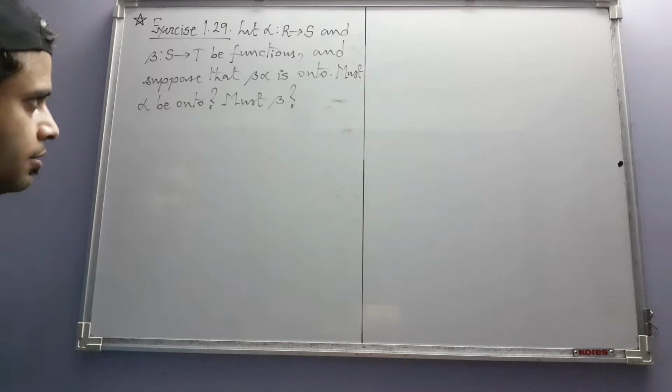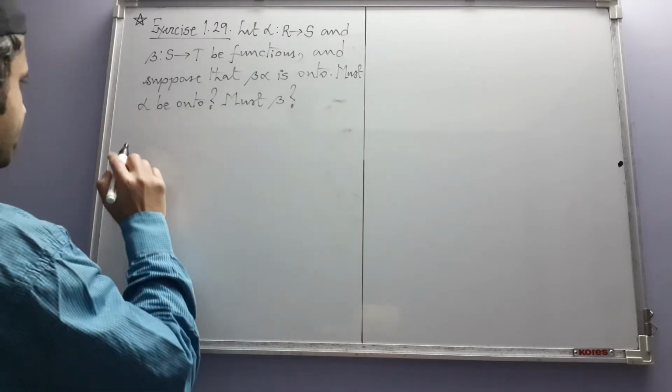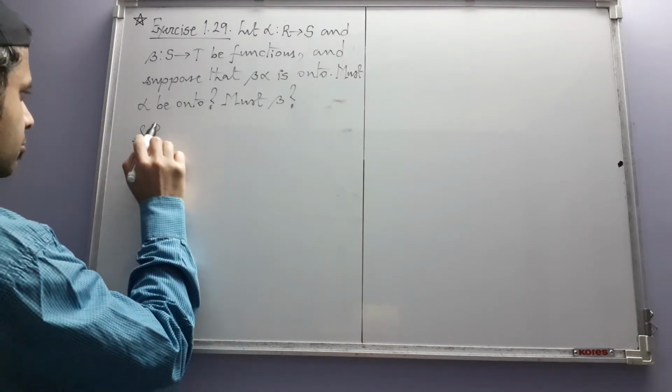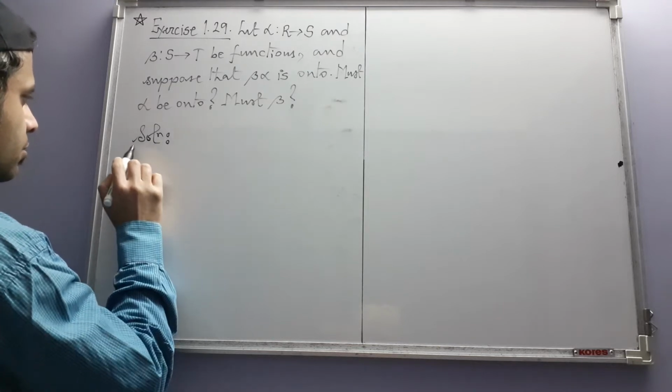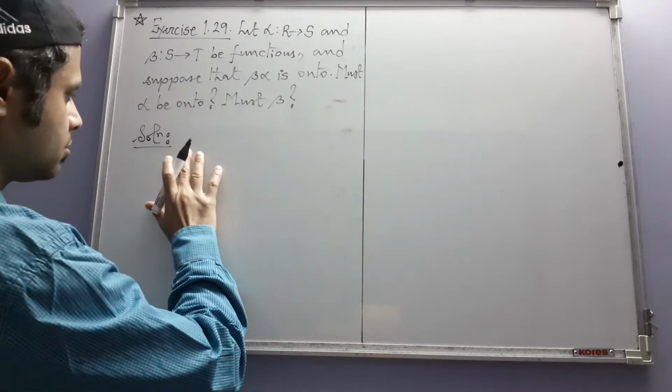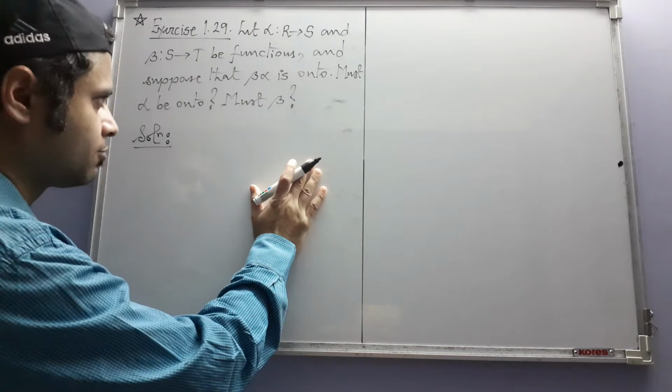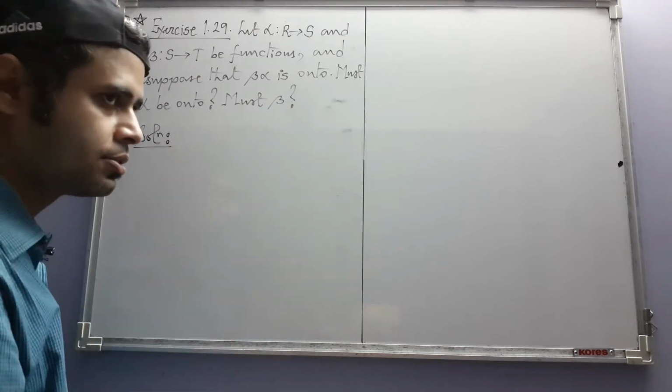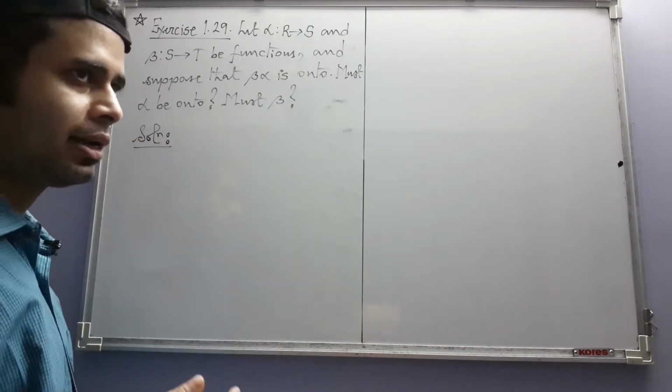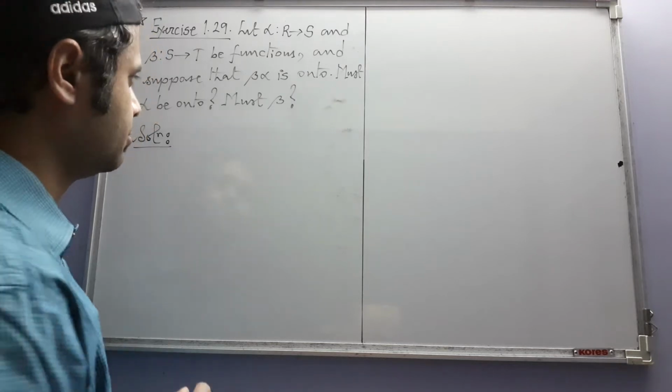So let's see. We will start the solution off by proving that beta is onto, but then we will see that alpha is not necessarily onto.